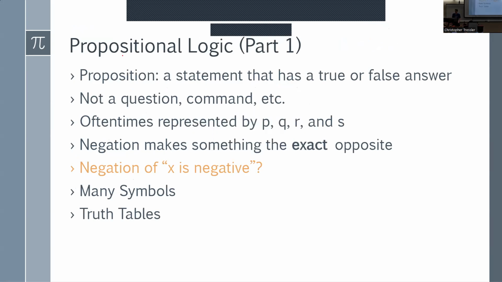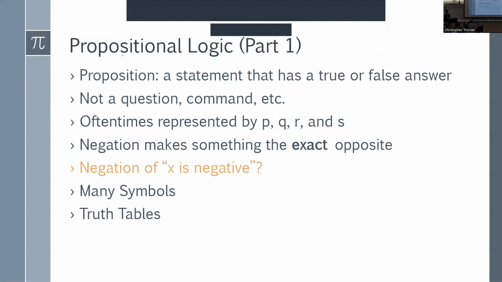There we go. So first we have propositional logic, and we're going to start off with the very basics. A proposition, guys, is a statement that can be said as either true or false. Notice I have written here that it cannot be a question and it cannot be a command. So if I said, what is the capital of Florida? That would be a question. That's not a proposition.